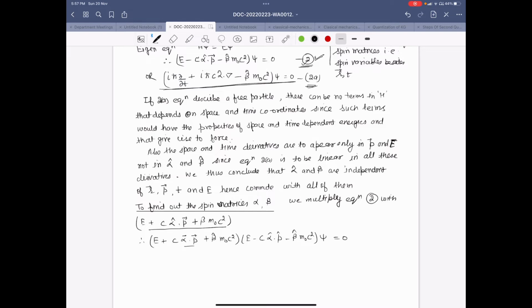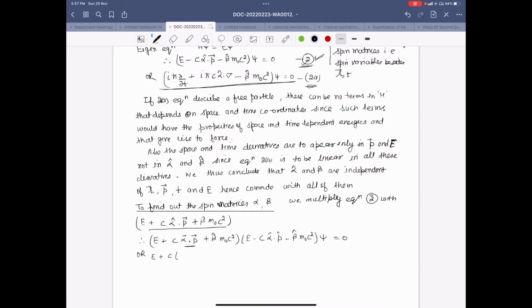Now put the values of this alpha and P. If we find the dot product of alpha and P, then alpha x Px plus alpha y Py plus alpha z Pz.